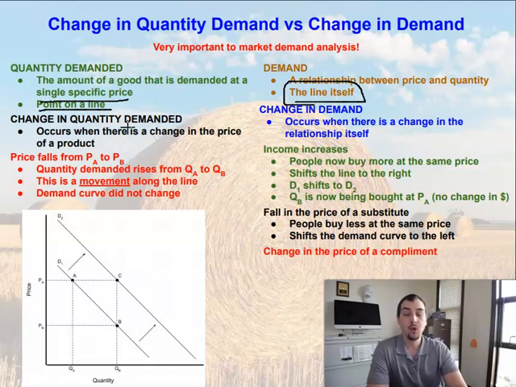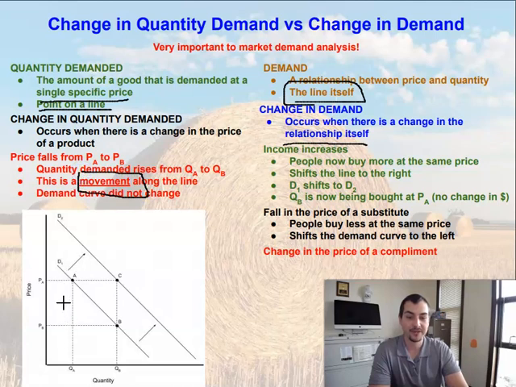A change in quantity demanded occurs because there is a change in the price of the good. That's it. A change in demand occurs when there is a change in the relationship itself. There was a change in the Ceteris Paribus conditions. We broke our rule and we allowed something else to change, and it changed the relationship itself. If prices change, there's going to be a movement along the demand curve.